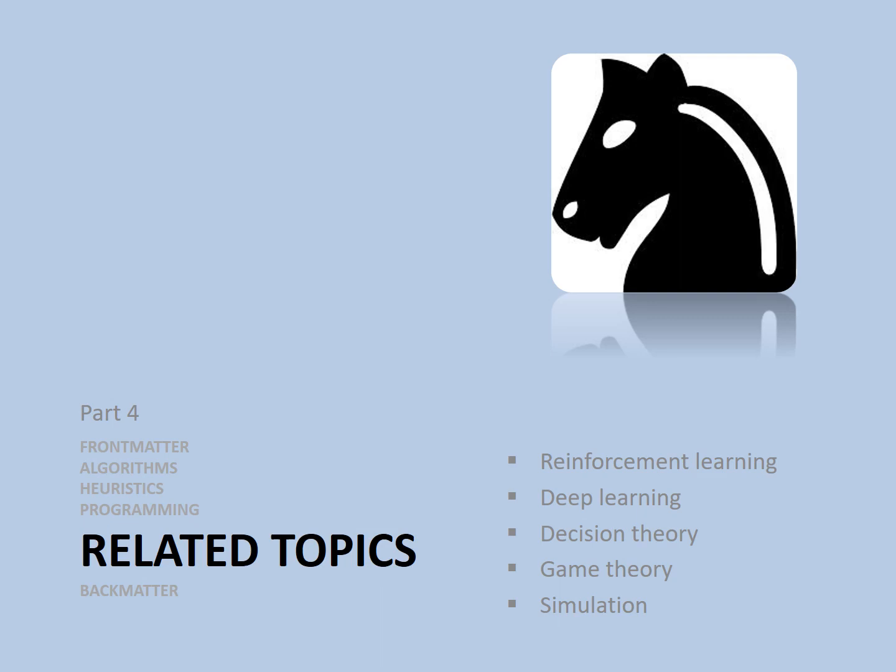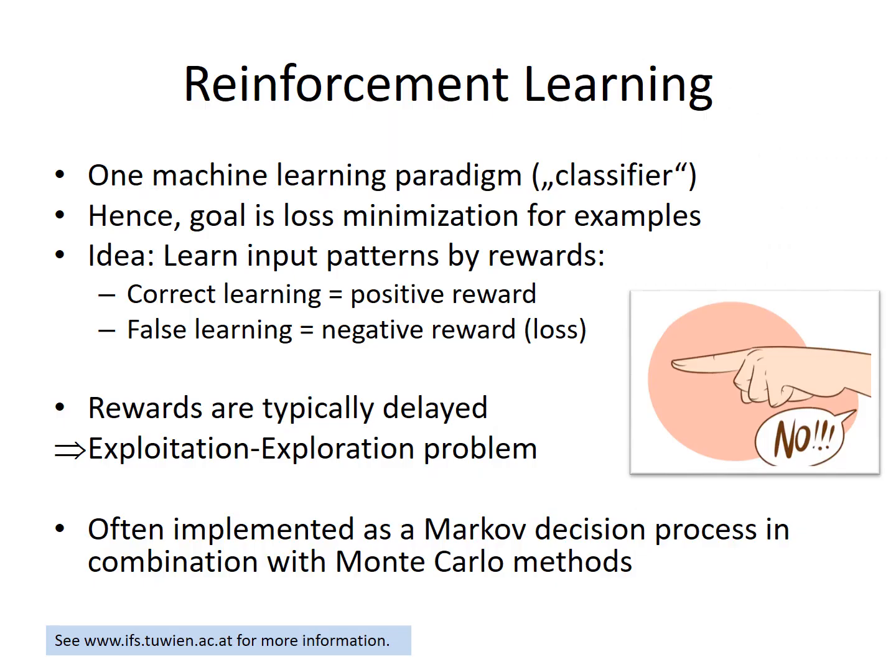So, related topics that might provide some ideas for you of what you can do. Let's have a look into the theory, a bit at least, of reinforcement learning, of deep learning, decision theory, game theory, simulation, and even military strategic thinking. Okay, reinforcement learning is a situation where you have to decide on an action given some input state, but you don't know what the outcome will be, and you will not be told immediately, but only after some time.